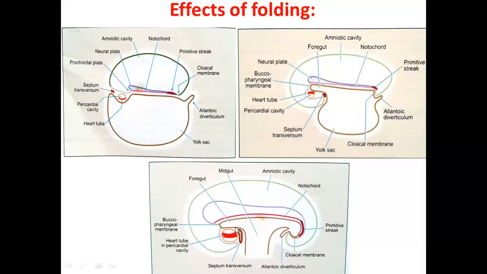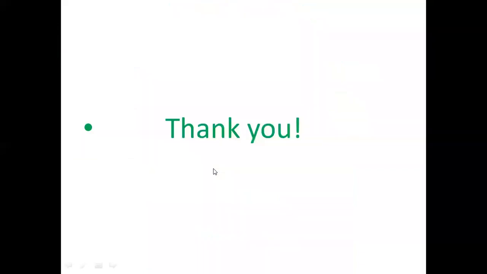Later the GIT will form here, and from the mesoderm all the other systems get formed. The allantoic diverticulum is involved in the formation of the urinary bladder. So all further changes get stimulated, and at this stage, due to the head fold, tail fold and lateral fold, the umbilicus is going to form here. The umbilical cord is attached at that level, which is the connection between the placenta and the developing fetus.